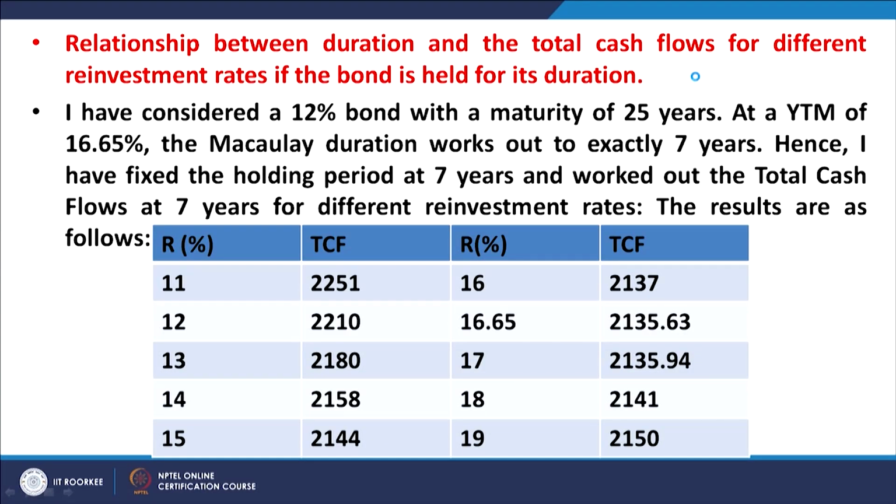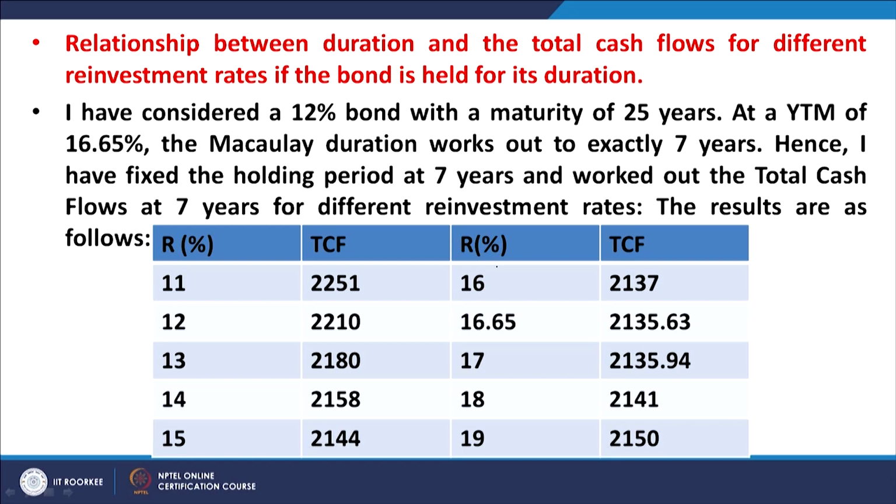To provide an example of what I have explained, just look at this set of figures. The YTM at which the duration works out to 7 years, which I have taken as my holding period. If you look at this, there are two things which are very clear. The YTM corresponding to a duration of 7 years is 16.65%.